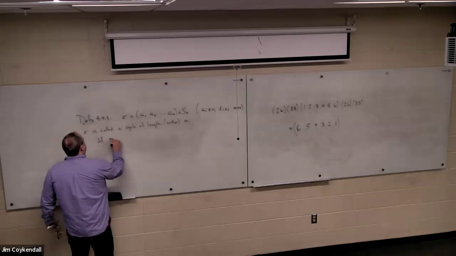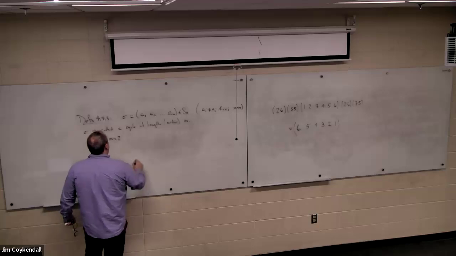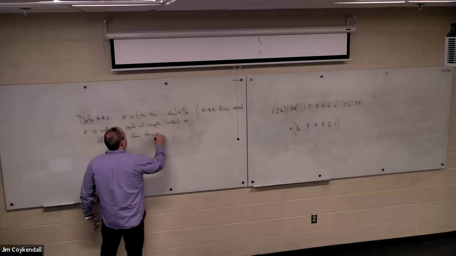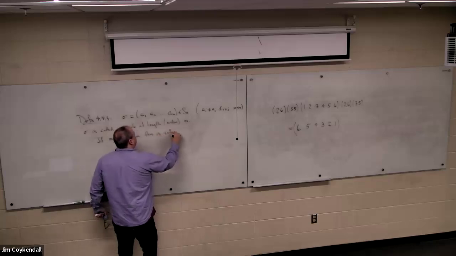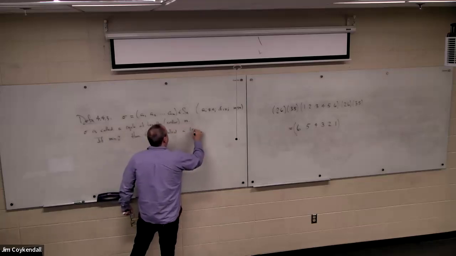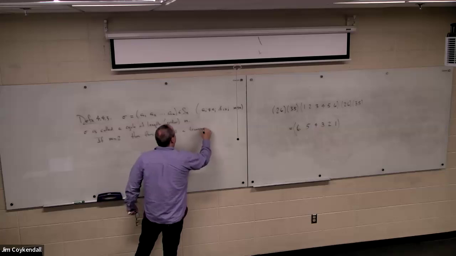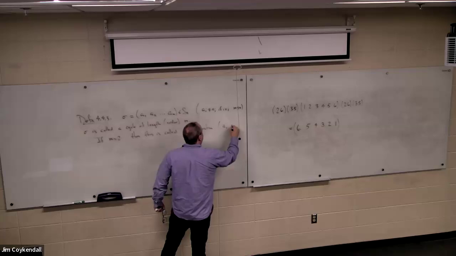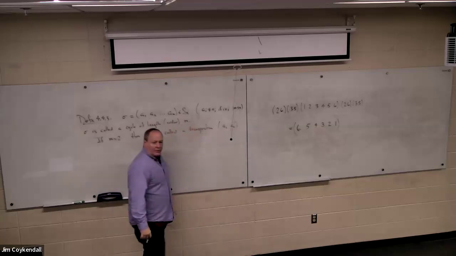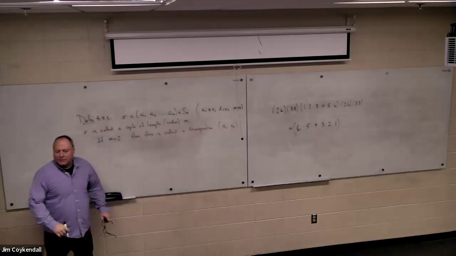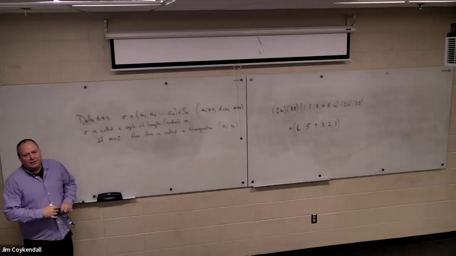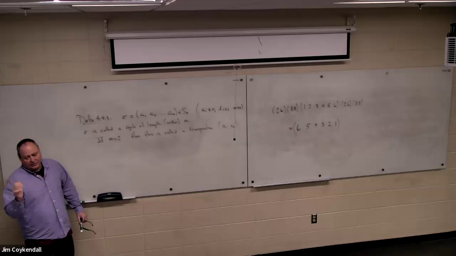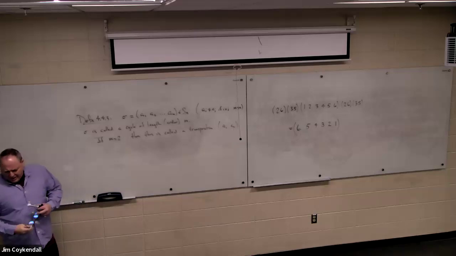If M equals 2, then this is often referred to as a transposition. A transposition actually turns out to be important. Basically, a transposition is a function that only swaps 2 things and leaves everything else alone.